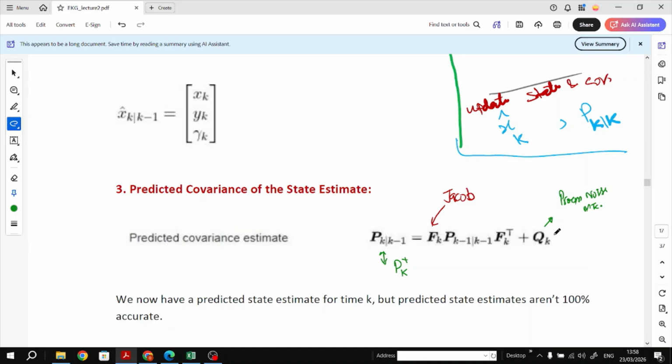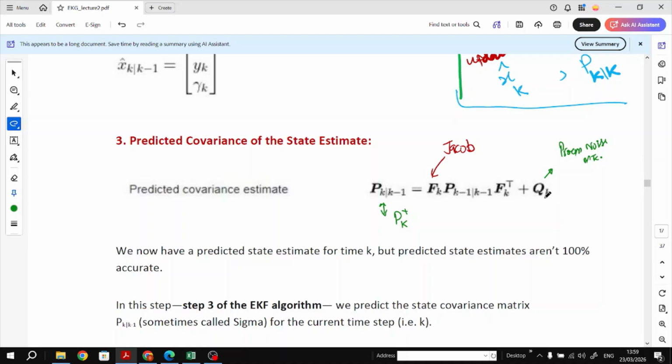This process noise matrix can be a constant, small matrix with small numbers on the diagonal. It has some mathematical form, but we're not considering it here. Just for the sake of simplicity, we take it as a diagonal matrix with some small numbers.